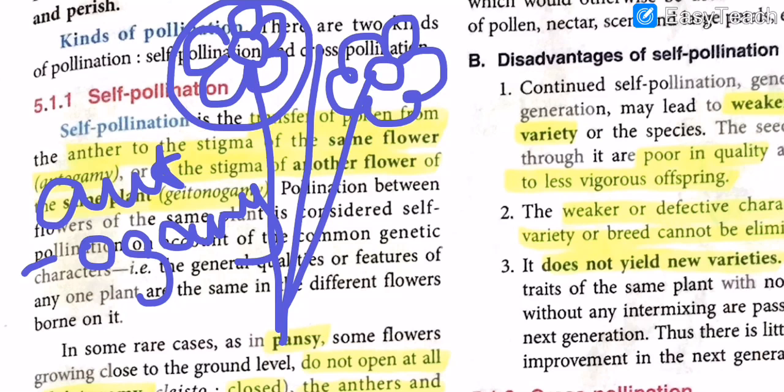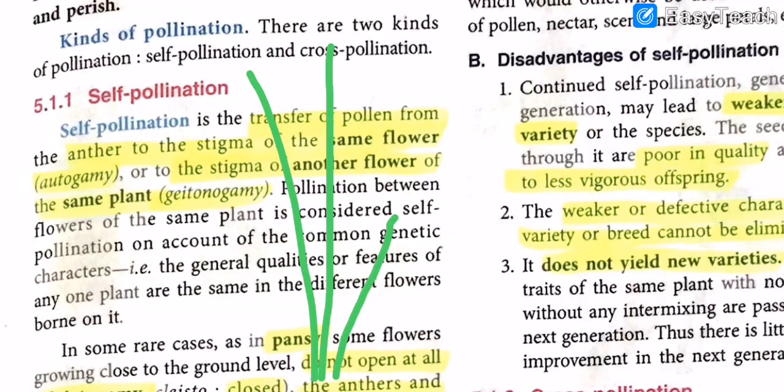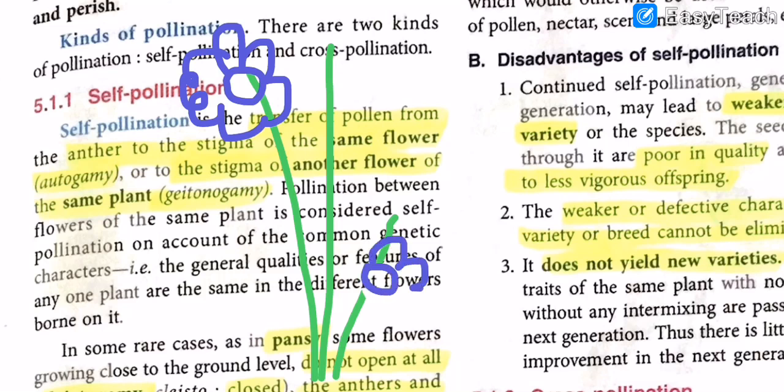So what they're saying here is that some flowers grow so close to the ground level. Let's say I have a plant which looks something like this, and I have all sorts of flowers over here. This is flower number 1, and I have one more plant, but I have the flower over here, very close to the ground level, and the ground level is here.